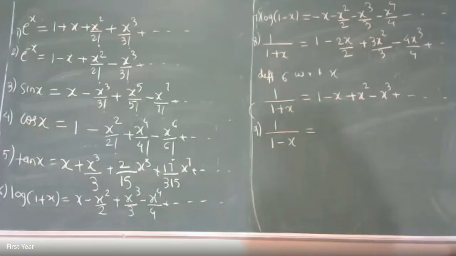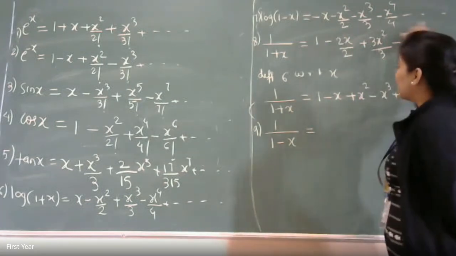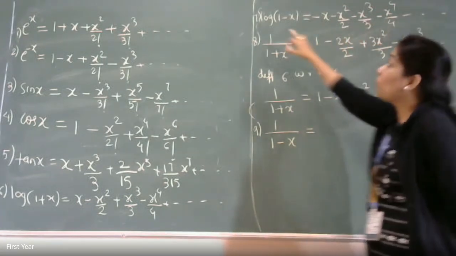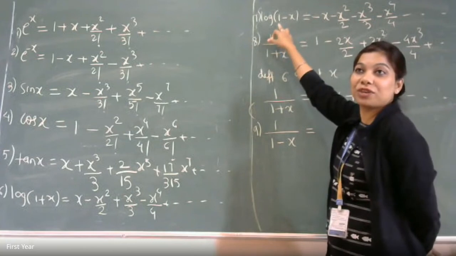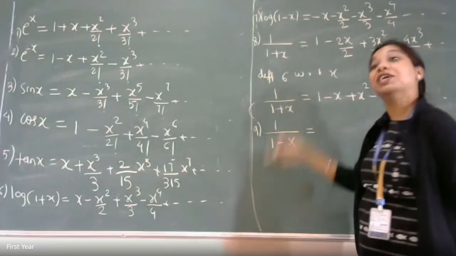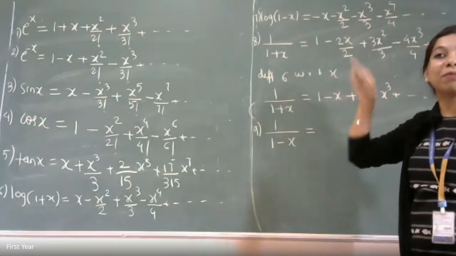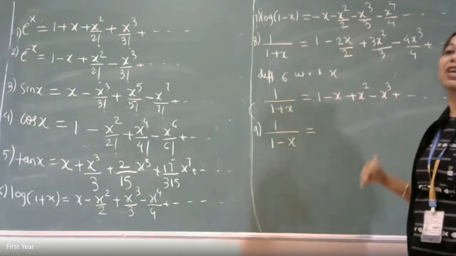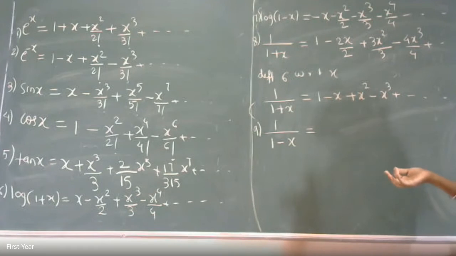Please see once again. Here the derivatives will become negative, but what about the left hand side derivative? This also is negative. The derivative of log of 1 minus x is 1 over 1 minus x into minus 1. So all that minus sign will get cancelled and you'll get the answer to be all positive. Yes or no?